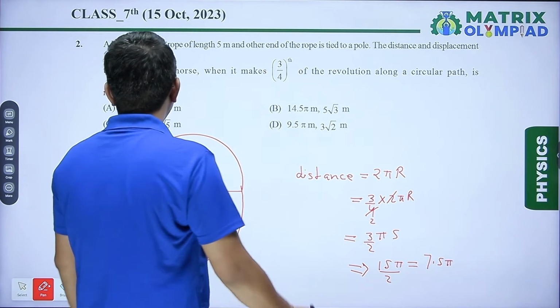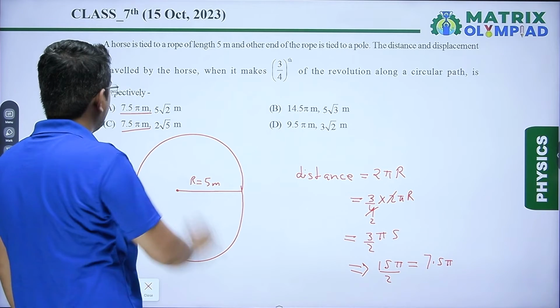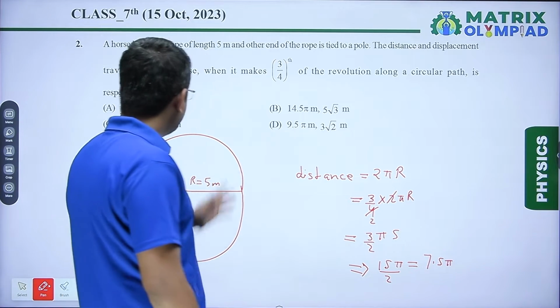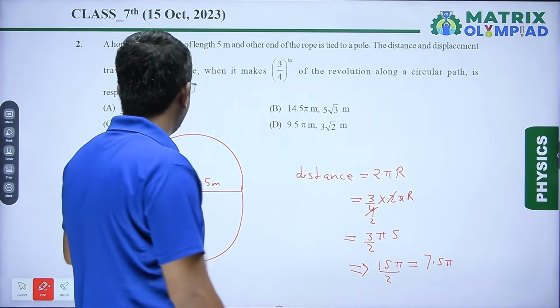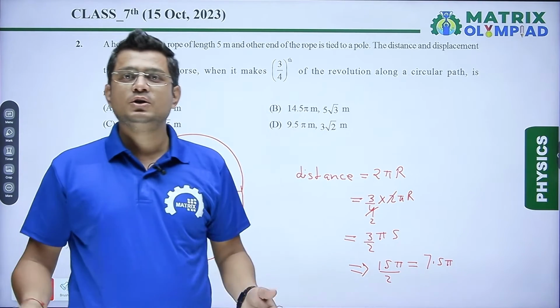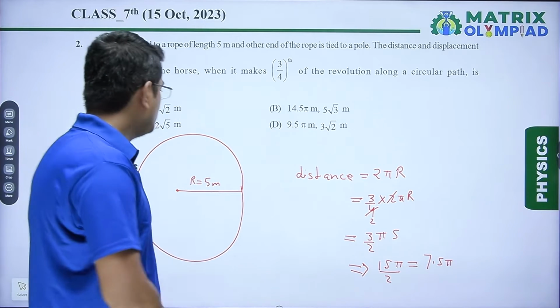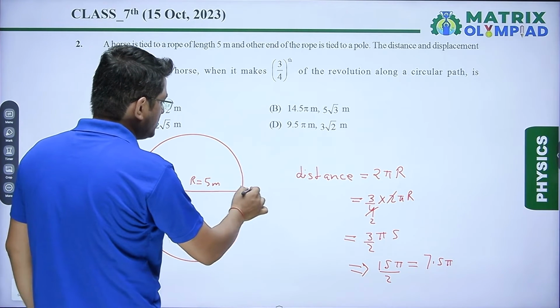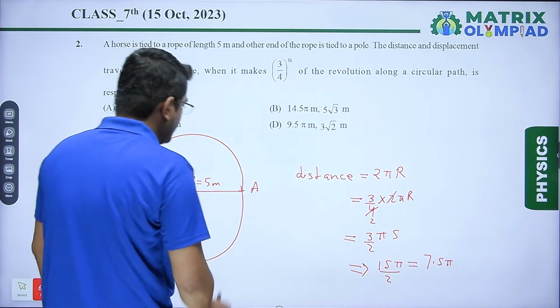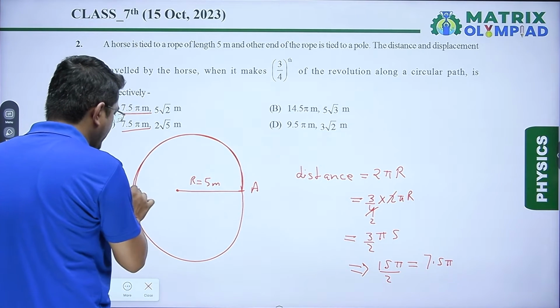So, we can see here in option A and C, the distance is given 7.5 pi meter. Let us check the value of displacement, then we will get our final answer. So, what is displacement? Displacement is the shortest distance between the initial and final position of motion. So let the horse start from this point, that is point A, and after traveling half revolution it will reach this point.